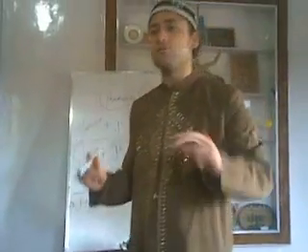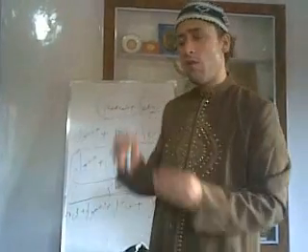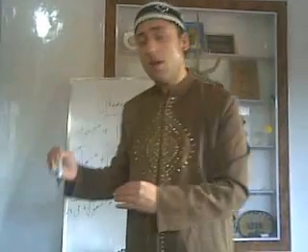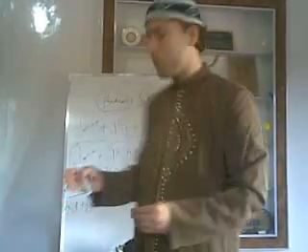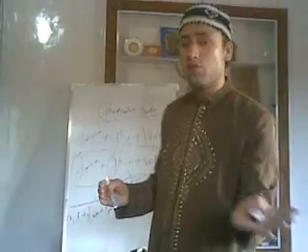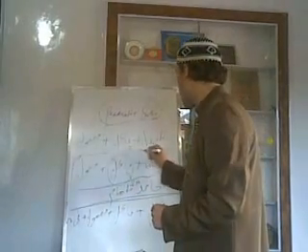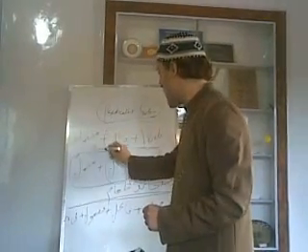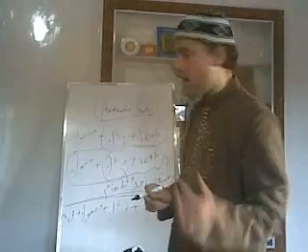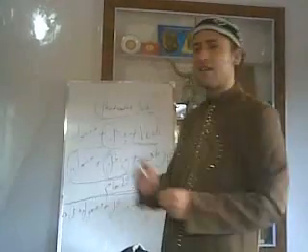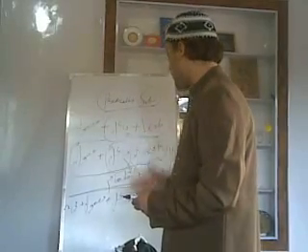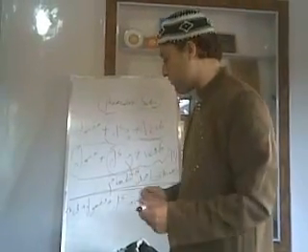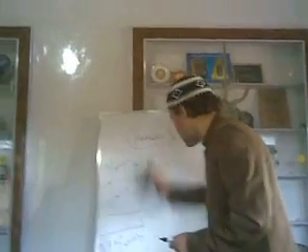So there is the case of transitive and intransitive verbs: when the action is passed to the object, and when the action is not passed to the object. When the action is not passed to the object, the structure of the sentence is verb and then fa'il, like zahaba hamidun. There are different sentences also which we will mention in the future. Here we can wrap this up and I will show you.